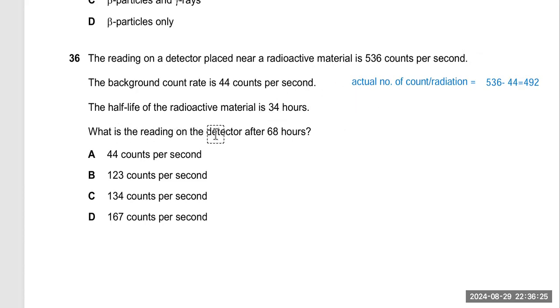And what is the reading on the detector after 68 hours? It means it is the second half life. Then you have to find the remaining number of atoms after the second half life.